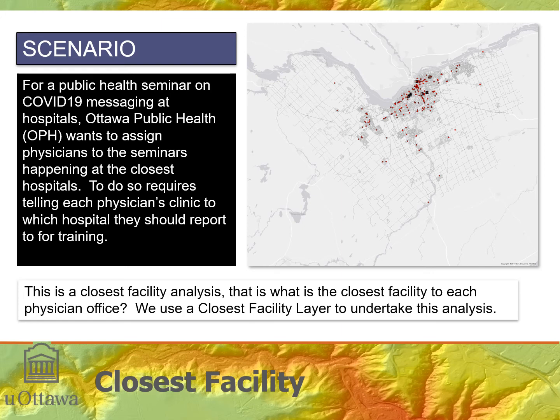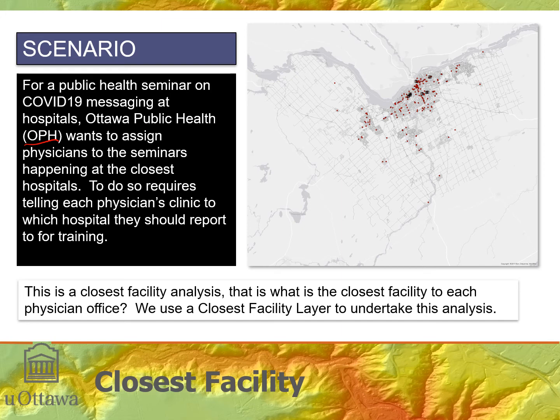The first example we'll do with the driving network is called a closest facility analysis. For a public health seminar on COVID-19 messaging at hospitals, Ottawa Public Health wants to assign physicians to the seminars they'll be holding at the hospitals and assign the physician offices according to the closest hospital location to the physician office.